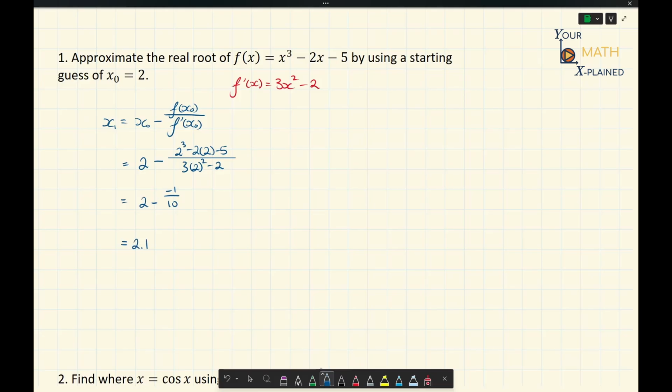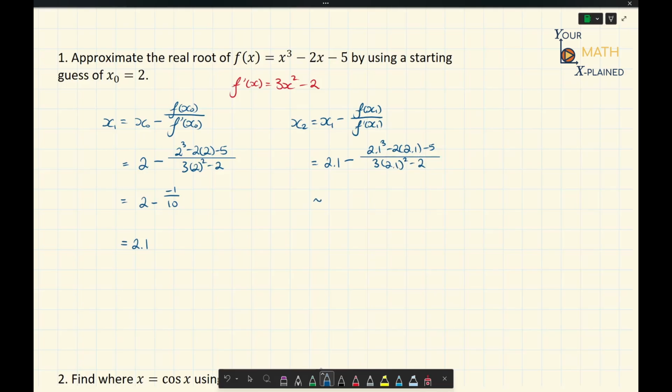So now our x1 is already pretty close to x0. But let's go ahead and do one more step. So that means x2 is going to be equal to x1 minus f of x1 over f prime of x1. So x2 is going to be 2.1 minus 2.1 cubed minus 2 times 2.1 minus 5 over 3 times 2.1 squared minus 2.